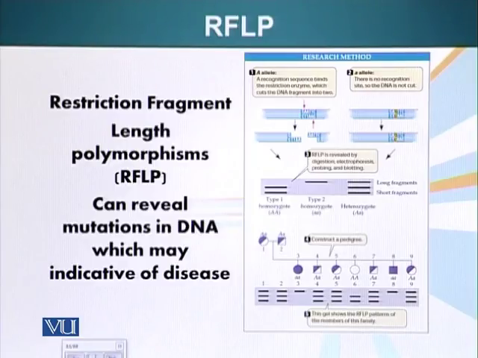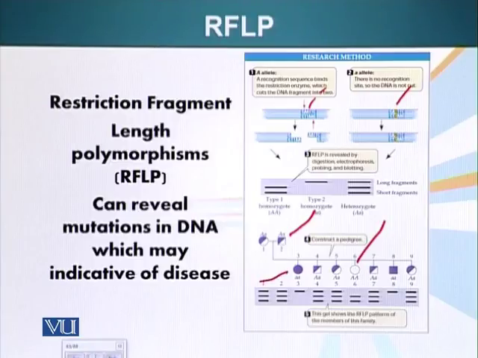But I again want to point out that, like VNTRs, these RFLPs are also inherited in Mendelian fashion. So you can use this technique to form pedigrees, and you can very easily see which individual in a pedigree is heterozygous or homozygous, for both the recessive and the dominant form. Here, for example, is another allele that we are looking at. In this allele, there is no restriction site, and here we have a restriction site.